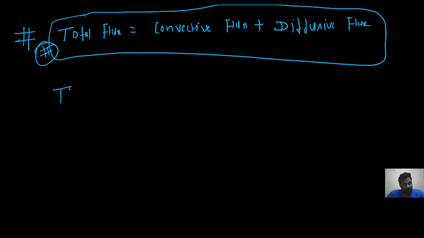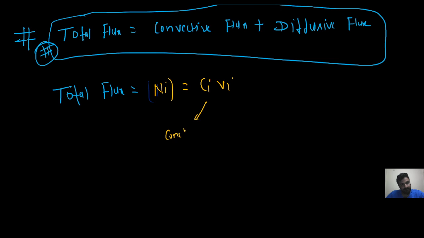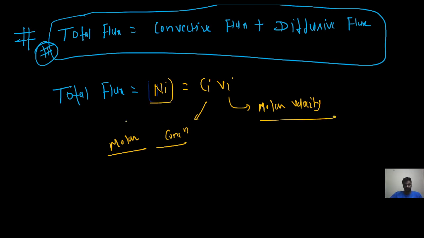And the total flux definition is, you can define the total flux for a molecule, that I am defining as Ni, that is equal to Ci into Vi. Ci is molar concentration and Vi is molar velocity, right?